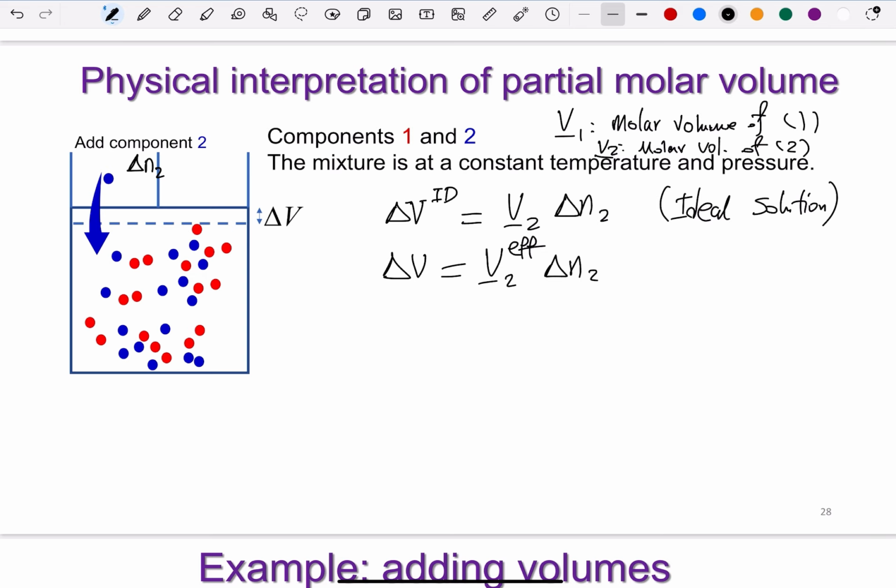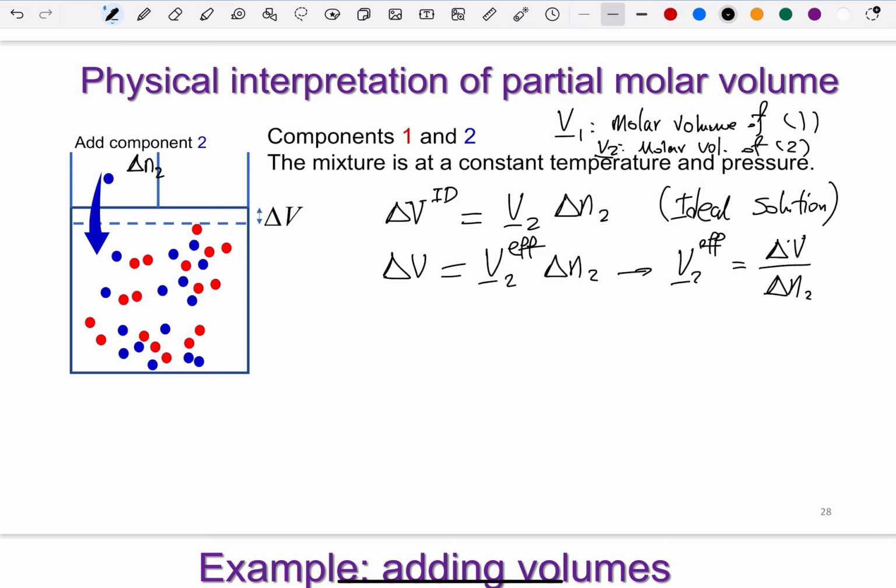If I now want to calculate V2 effective, I need to calculate delta V divided by delta N2. And in my experiment, I'm not changing temperature, I'm not changing the pressure, so volume is only changing due to the addition of that component. So that's the meaning of the derivative here. Do you see now the derivative here?